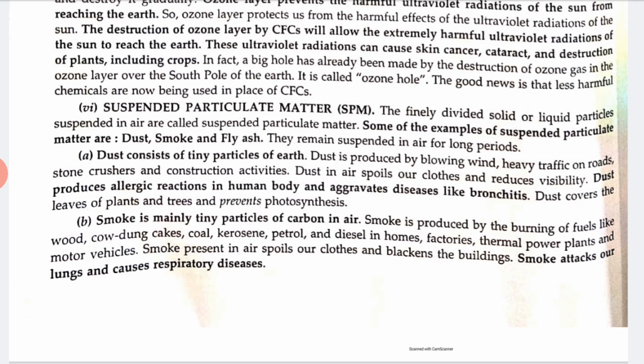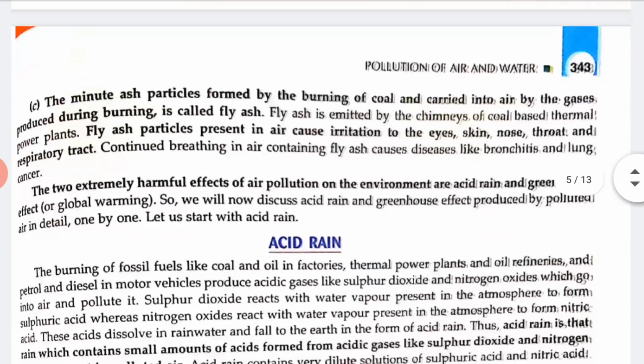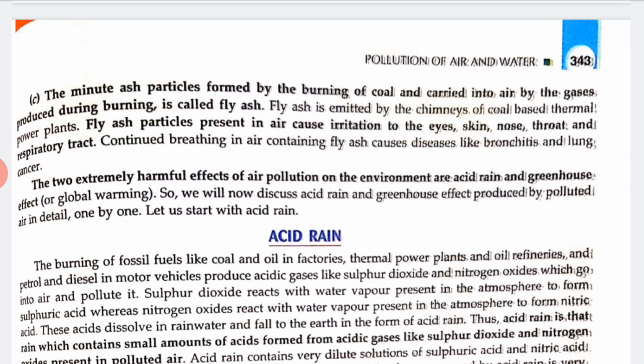Now, smoke. Smoke is mainly tiny particles of carbon in air. Smoke attacks our lungs and causes respiratory disease. Now the minute ash particles formed by the burning of coal and carried into the air by the gases produced during burning are called fly ash.